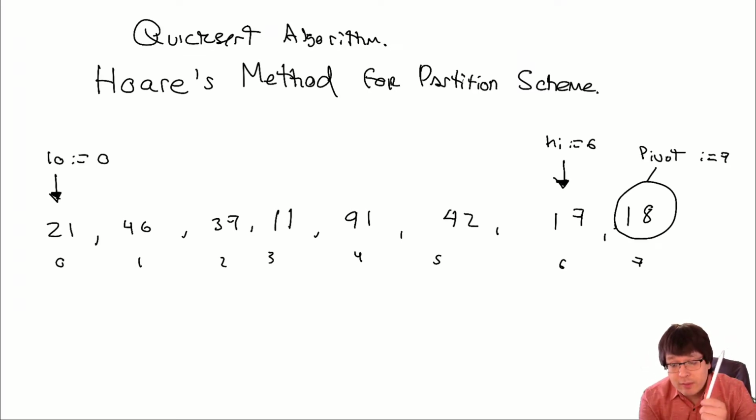That would be perfect because if we could split this list in half every single time, then we would be cutting the job of Quicksort in the fastest possible way, log n time, essentially, and we would achieve n log n time, kind of like merge sort.